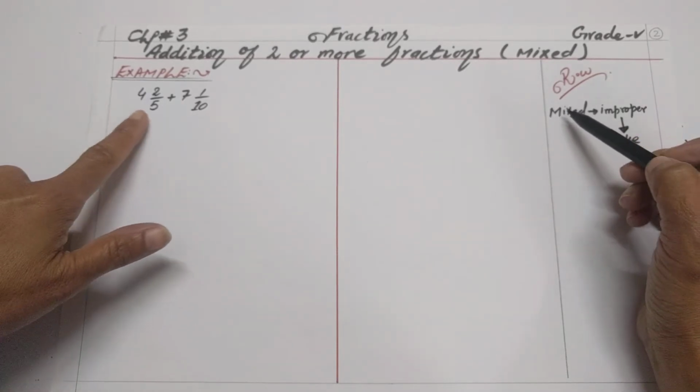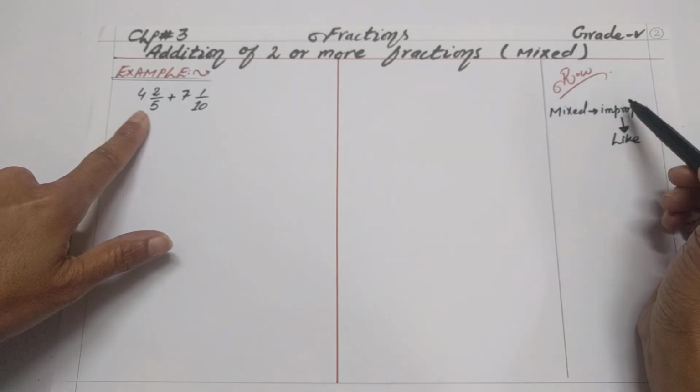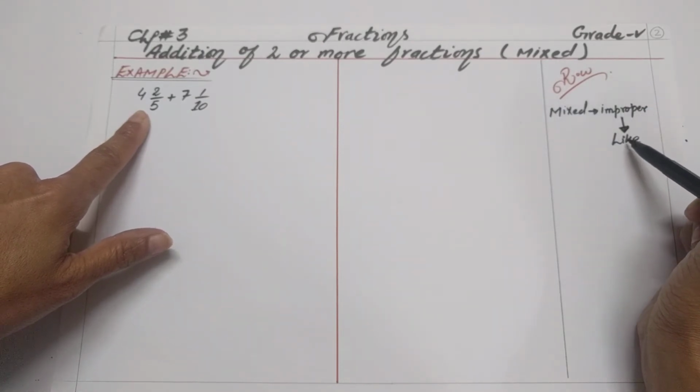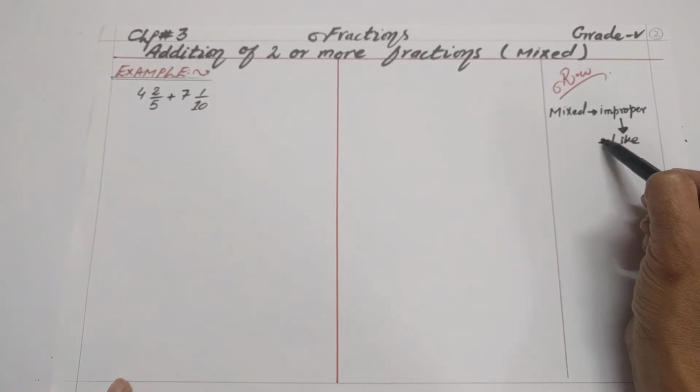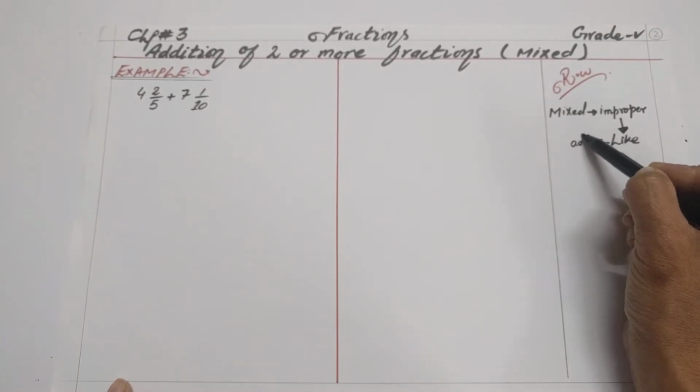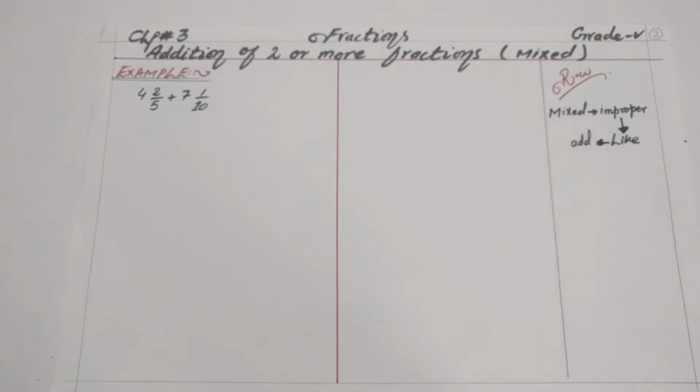So firstly we convert the mixed fractions into improper fractions, then into like fractions, and after that we will do the addition of these fractions.